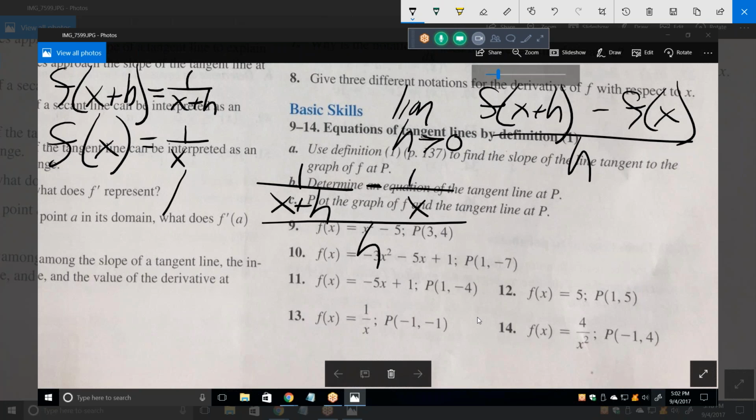Now this is considerably different, notice. There's no expansion to be done. But what can I do with the numerator? How do you add and subtract fractions?